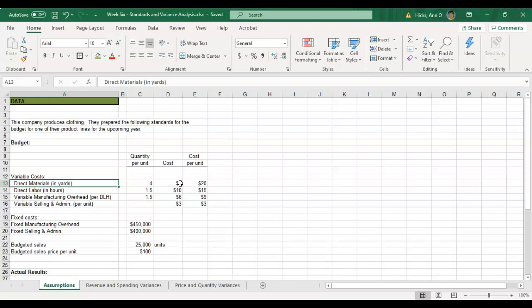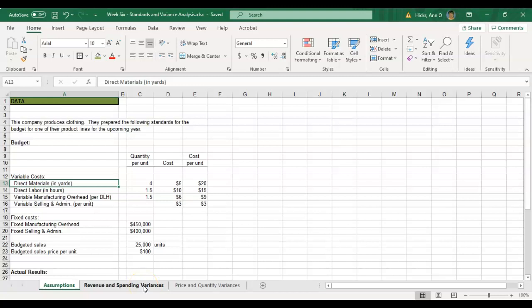And it's important to understand how much each of those two factors are contributing to the variance, because if we want to address that variance, we may do it differently depending on whether we're paying a different price or we're using a different quantity.